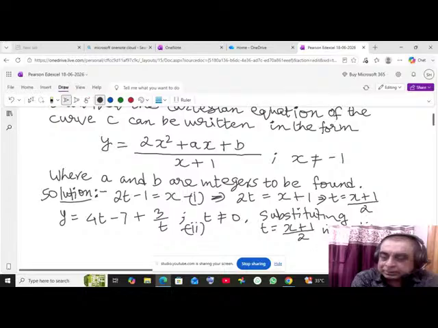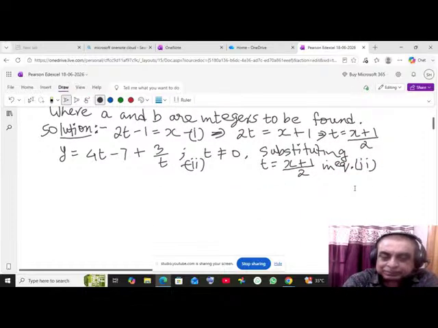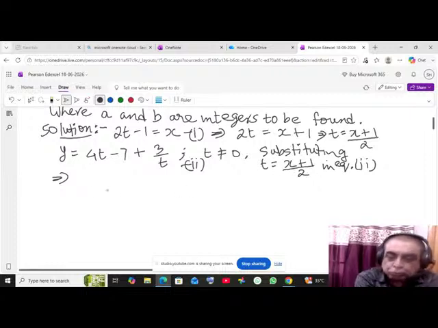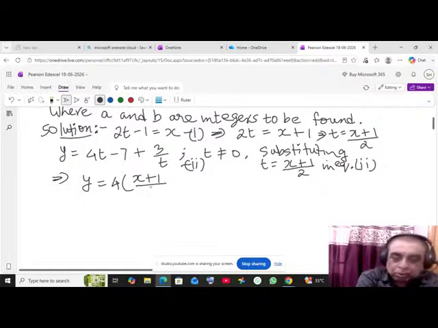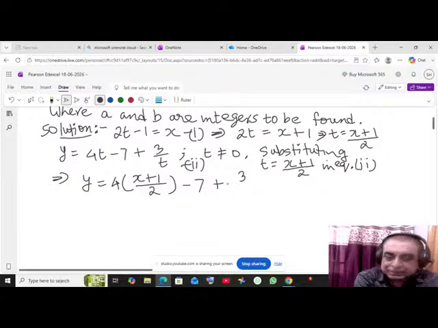So what will happen? This t will be eliminated and we will get an equation in the form of x and y. That is the Cartesian equation. So in the place of t, you write this value of t, x plus 1 upon 2, in the second equation. So y is equal to 4 times t, in the place of t you write x plus 1 whole divided by 2, minus 7 plus 3 divided by t.